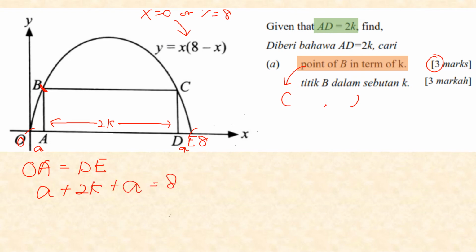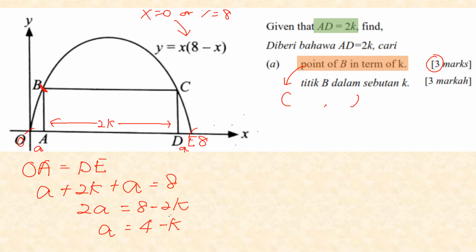Do you agree? This is the length from O to E. So from here, 2a equals 8 minus 2K. Simplified, you get a equals 4 minus K. This a is not in the question. It is a letter that you indicate for the distance from O to A.